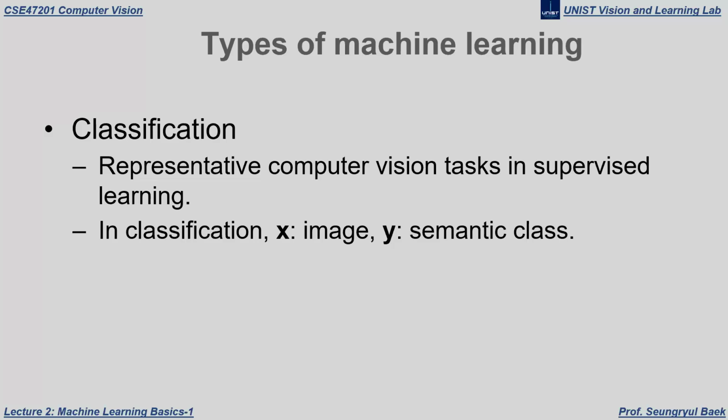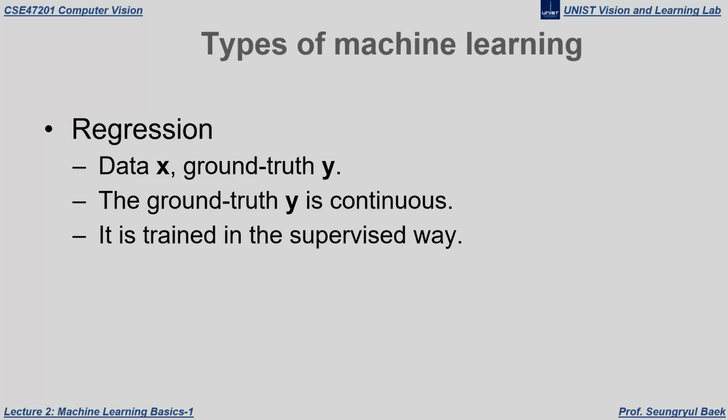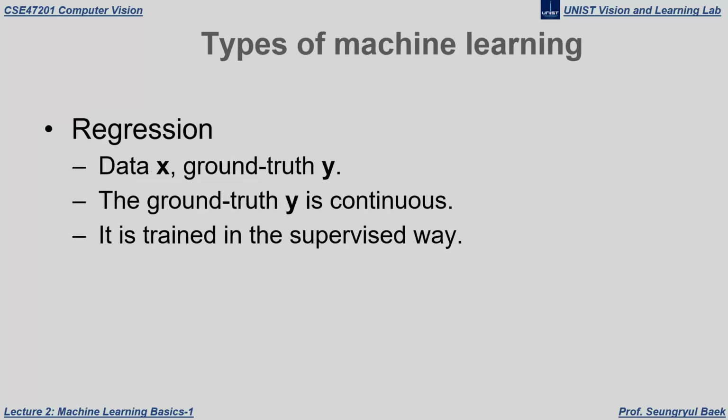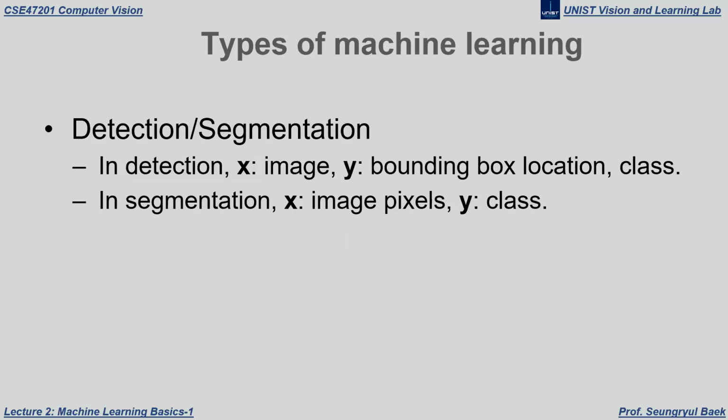Classification and regression are supervised learning algorithms, but the difference is that in classification the output is discrete, but in regression the output is continuous, okay? And we will further learn about detection and segmentation, but these are also supervised learning, okay?